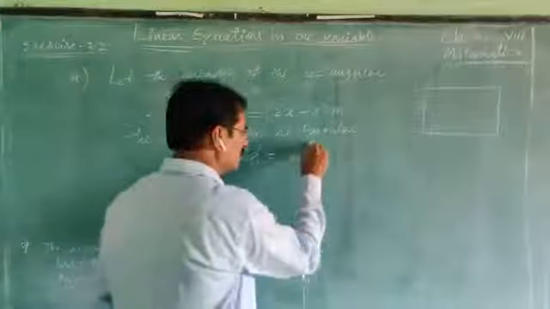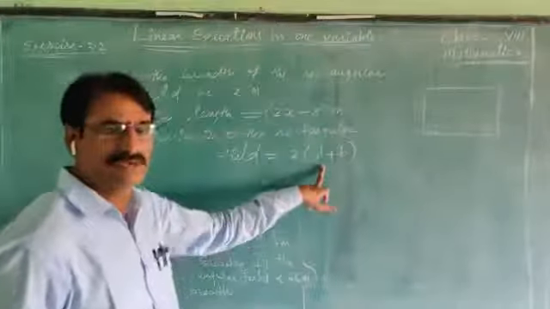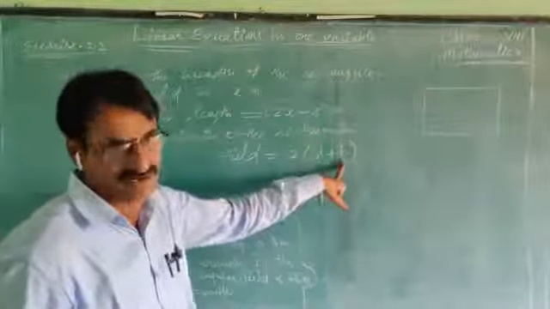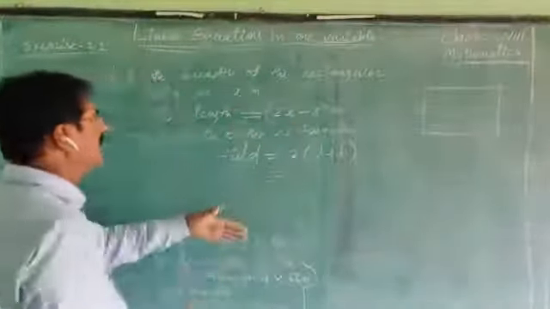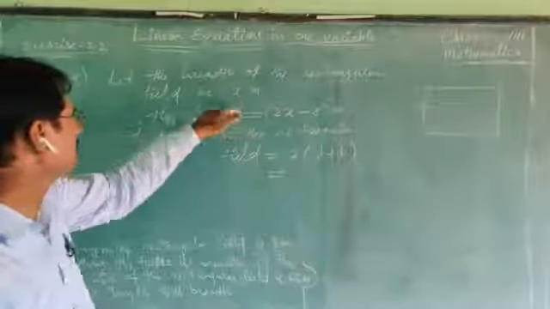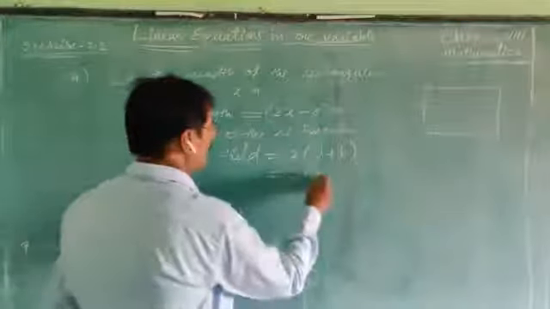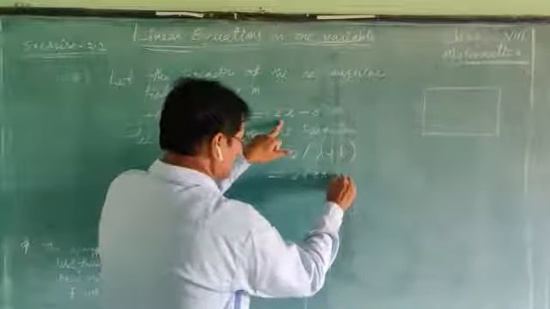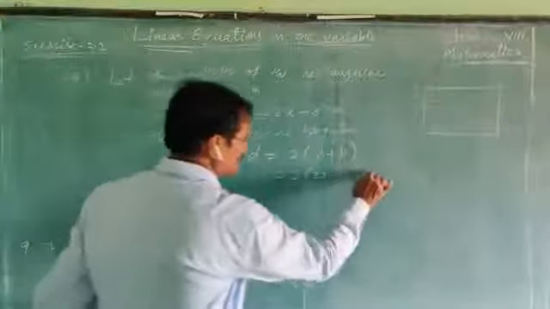Simply we use 2 into L plus B, where L is length and B is breadth. Now substitute both values here. Breadth equal to how much? x. Length equal to 2x minus 8. 2 into 2x minus 8, plus the breadth value x.